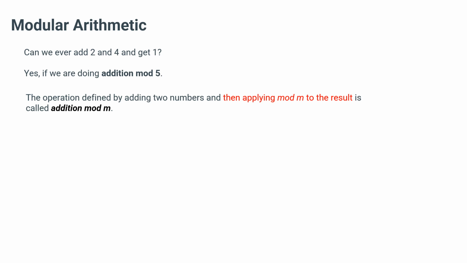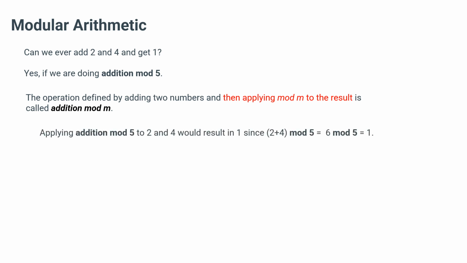What that involves is taking two numbers, adding them together and applying this mod to the result; that is addition mod m. So if I'm doing 2 plus 4 with addition mod 5, I would take the 2 plus the 4, which gives me a 6, but then I take mod 5 of that result of 6, and I end up with 1. So 2 plus 4 using addition mod 5 gives me a 1.